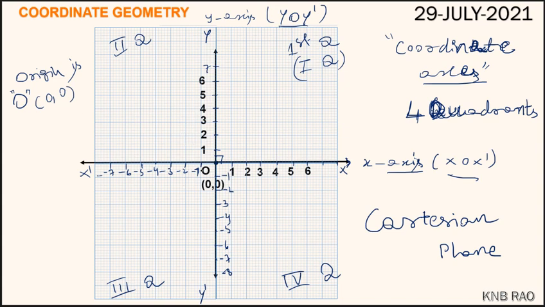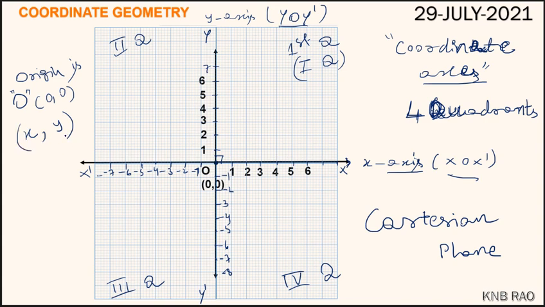Then moving on to another important topic, the nature of points in the quadrants. If you observe, normally any point is referred with the x coordinate first, comma y coordinate next.